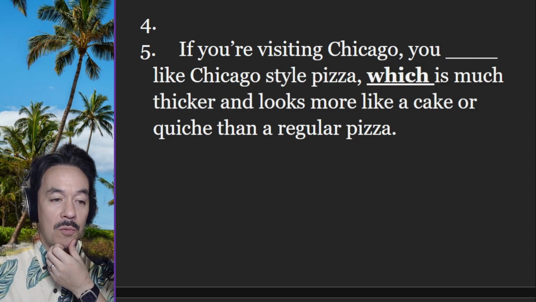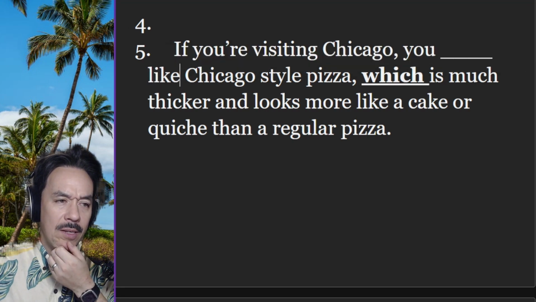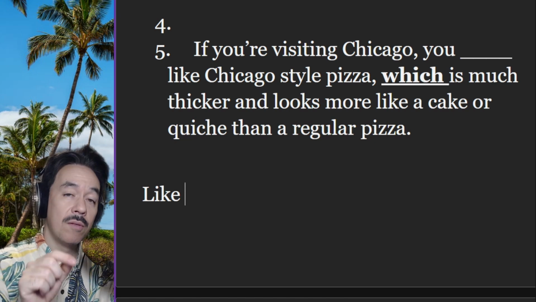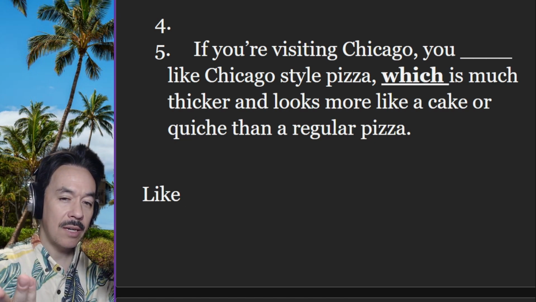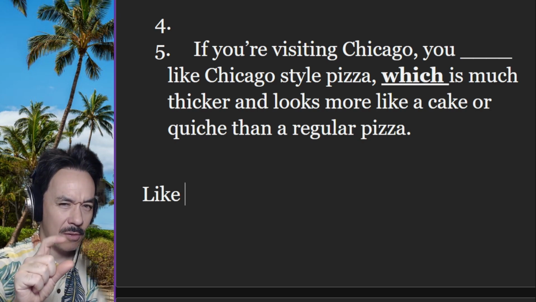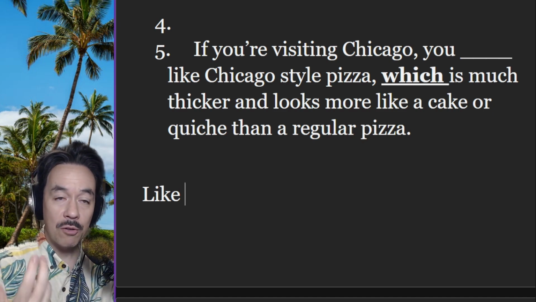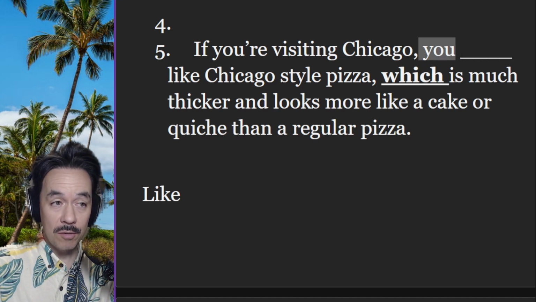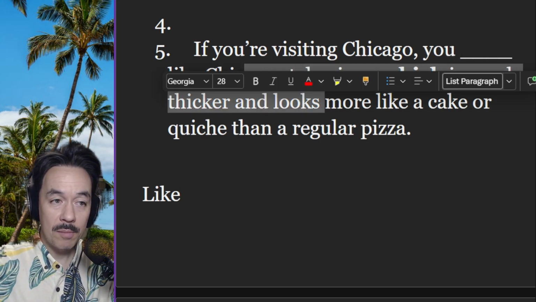Okay. Now what about here? You blah blah like. Now that's hard. So the speaker is trying to communicate, I think yes, I think maybe, I think small chance. It's about the speaker's sense of how strong their belief is in the listener, you, to like this different pizza style.